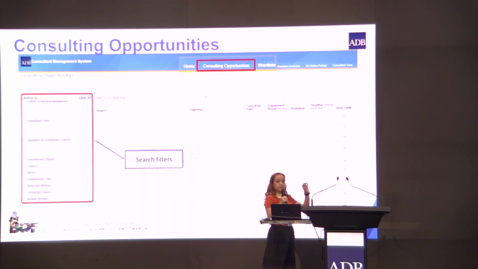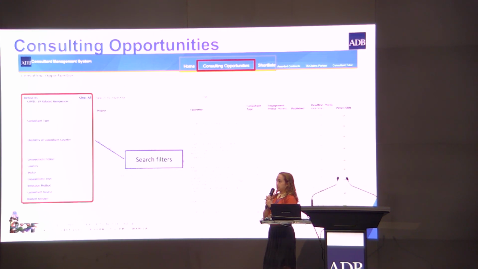Okay, remember the navigation links that I showed earlier towards the top? We have the consulting opportunities. When you click on the consulting opportunities, this is also known as CSRN, or Consulting Services Recruitment Notice. This provides the detailed information on the consulting services required for ADB financed or administered projects.